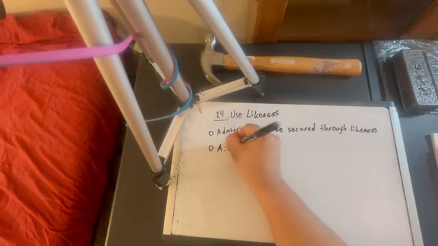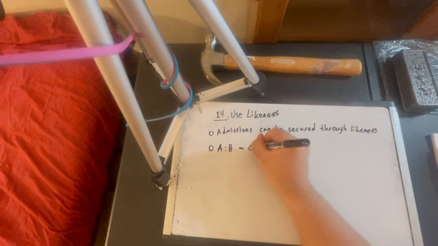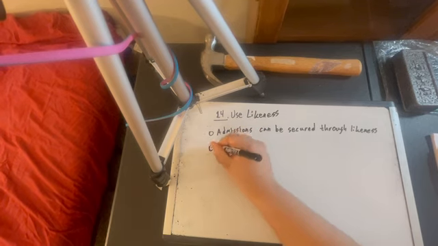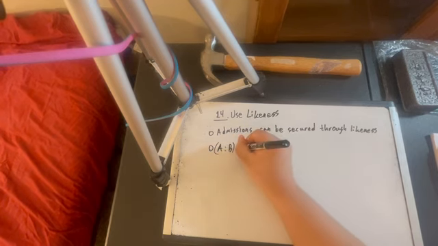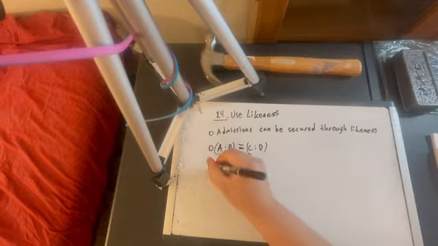Right? A corresponds with B. It's equivalent to C corresponding with D. So sort of seeing this for analogies.